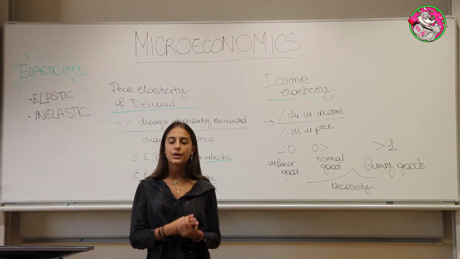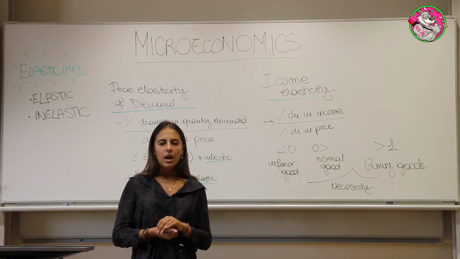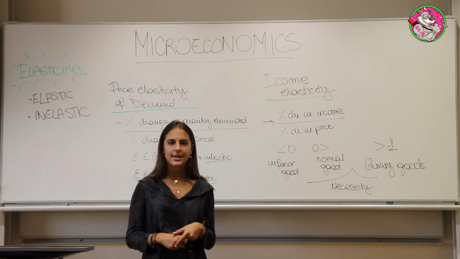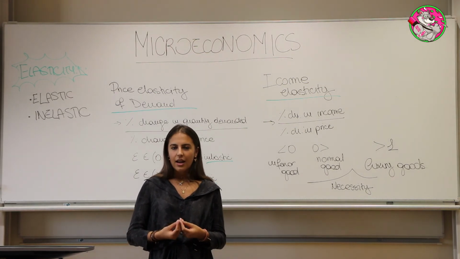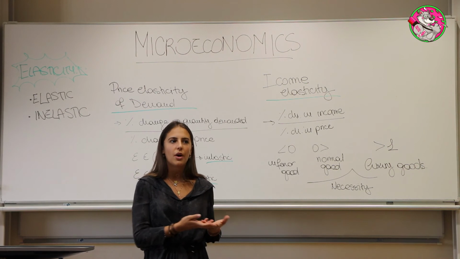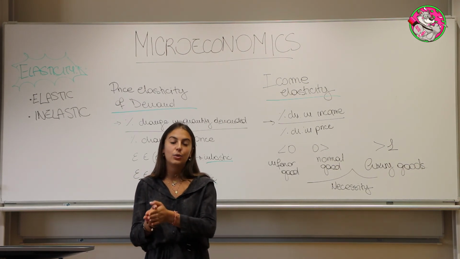Now I'm going to tell you the determinants of the price elasticity of demand. Generally, if a good is a necessity, then the demand for that good is going to be inelastic. As I said before, since water is a necessity, its demand will be inelastic.